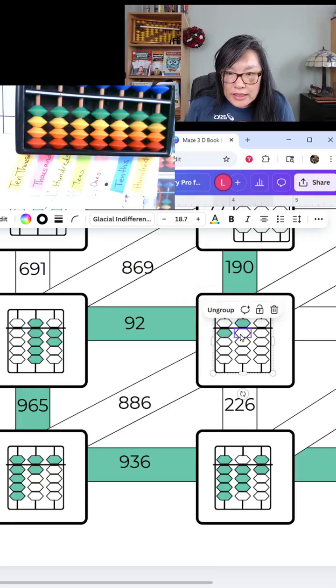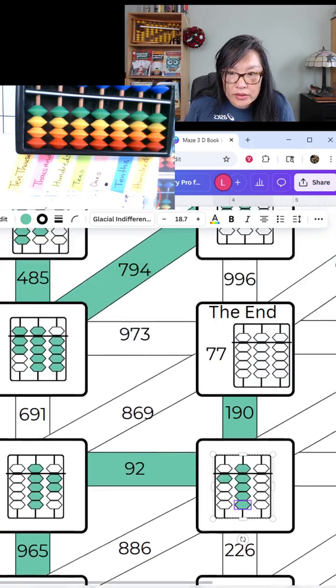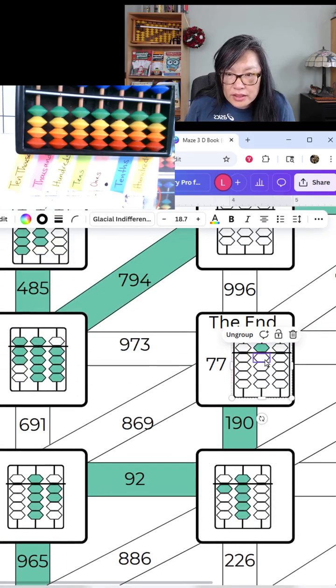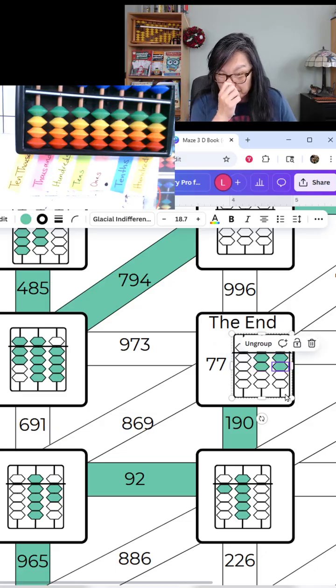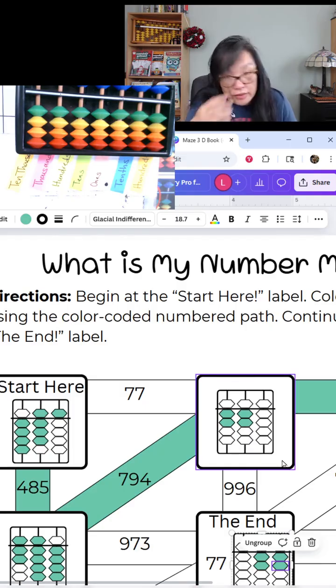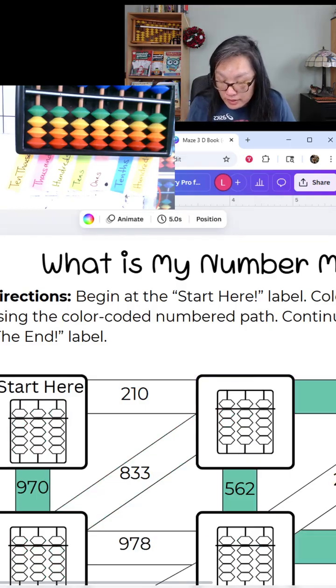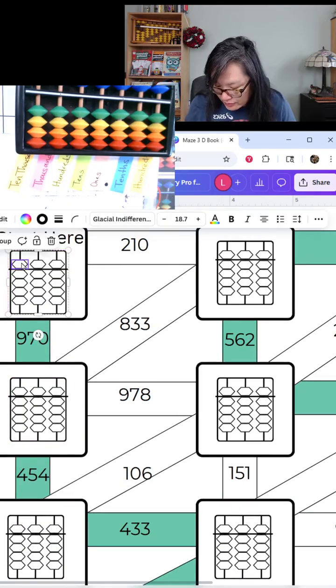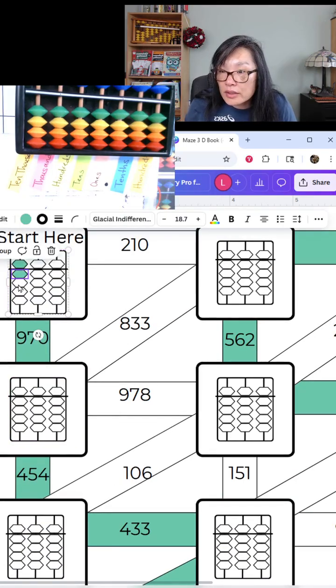$190. And then we go here, 77. Cool. And that's, I'm on, I don't know what number. So I go to the next one. So we have 970.